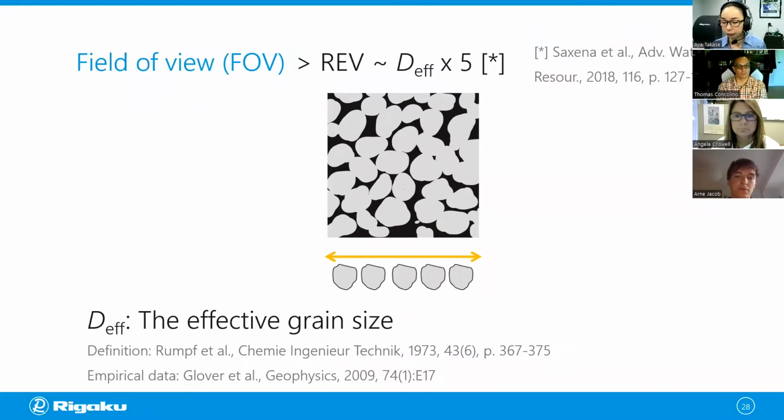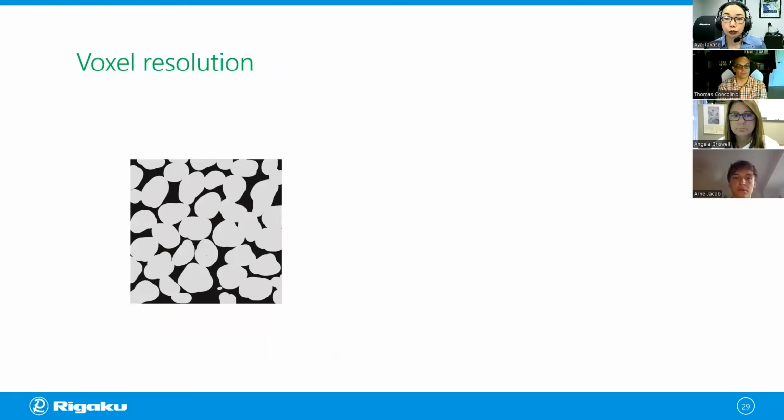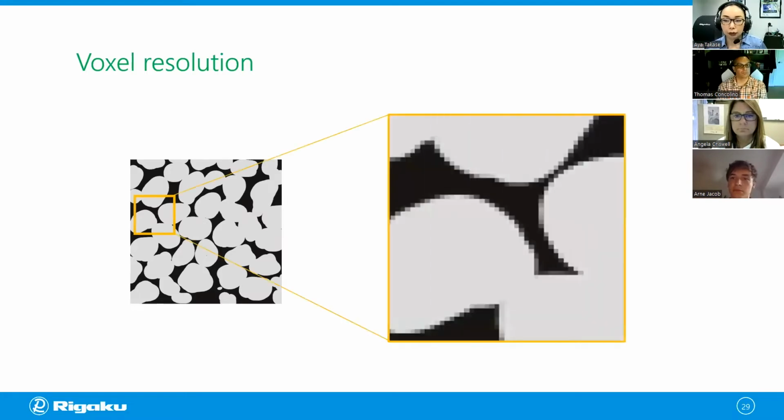Okay, so let's move on to the voxel resolution. So again, when you look into CT or SEM, any images, you will eventually see those individual pixels or voxels. And this is a relatively narrow pore space. We call this a pore throat. And it's very important to recognize that throat when you do porosity calculation, and more so when you do permeability calculation.